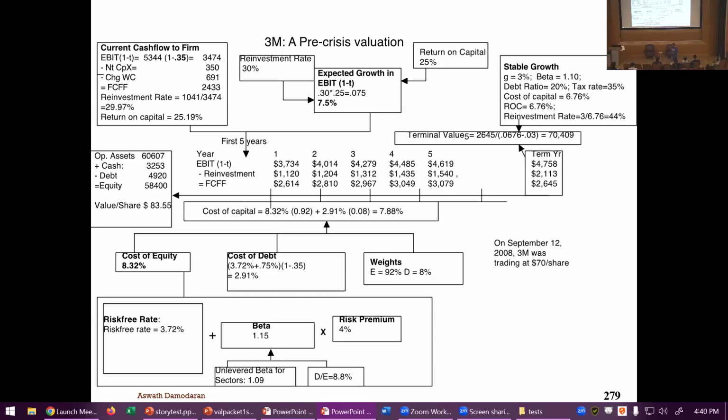And the story I told was a fairly upbeat story, a story of a company with a brand name and these products with great margins that would continue to do what they're doing, which is reinvest a reasonable amount, but at great returns on capital because of their brand name, and end up with a growth rate of 7.5% a year. Not super high, but it's a big company in a mature business. And you fade the growth out, you come up with the value. The value is $83.55. The stock was trading at 70.